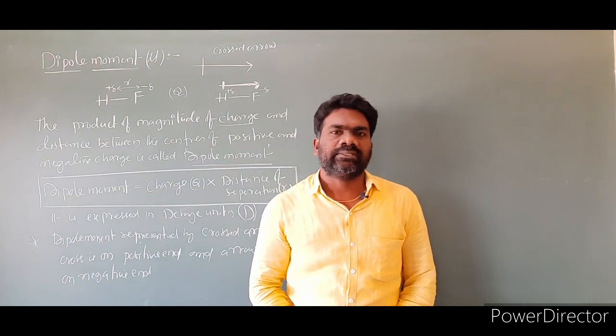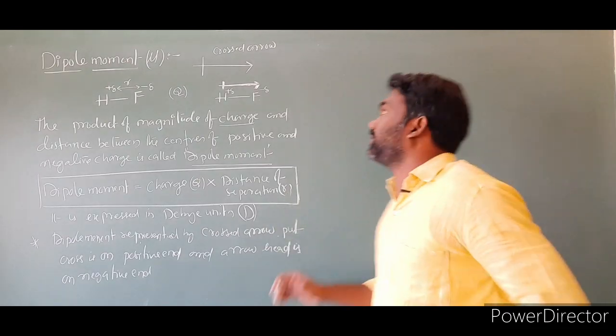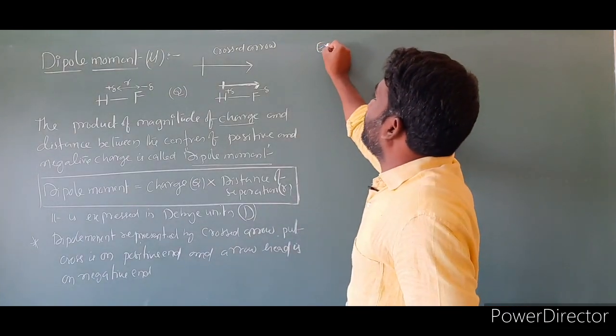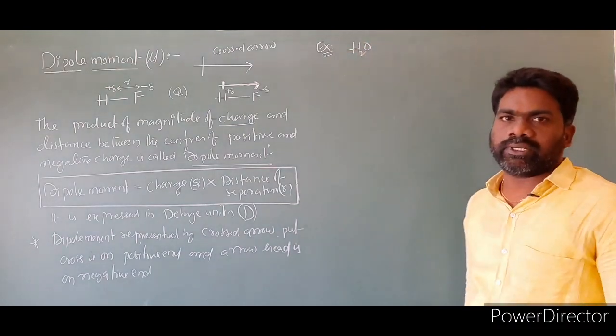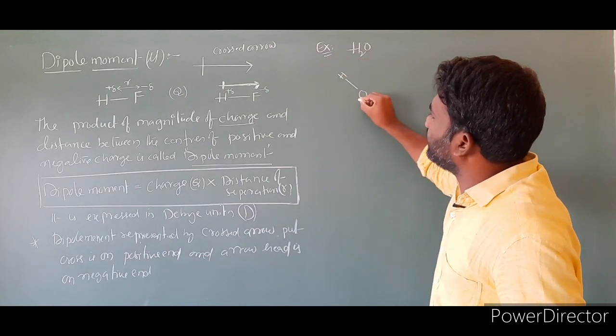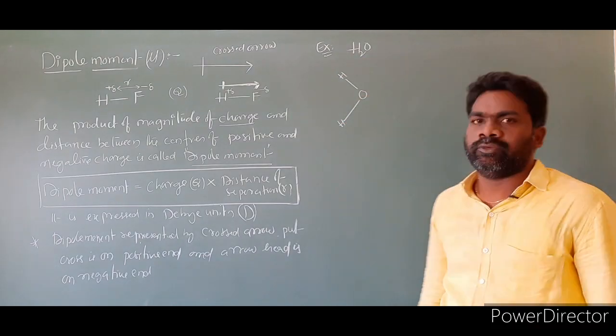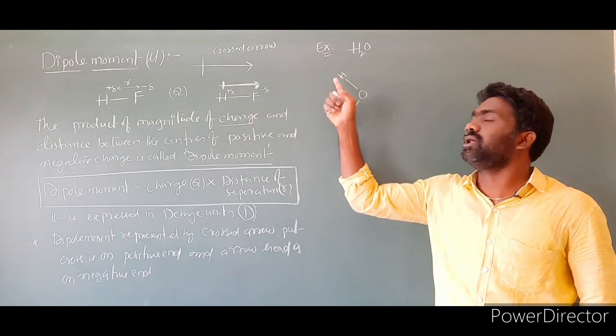Now let us discuss some examples for a dipole moment. The first example I am taking is a water molecule, H2O. First we have to write the structure of a water molecule. Oxygen, this is the first hydrogen, this is the second hydrogen. We know very well that oxygen is more electronegative when compared to hydrogen.